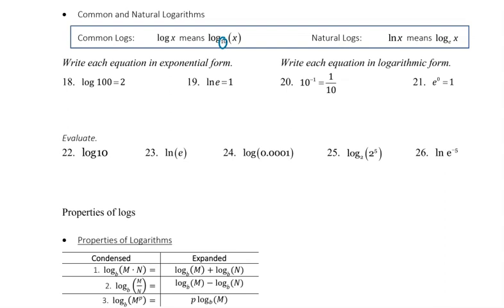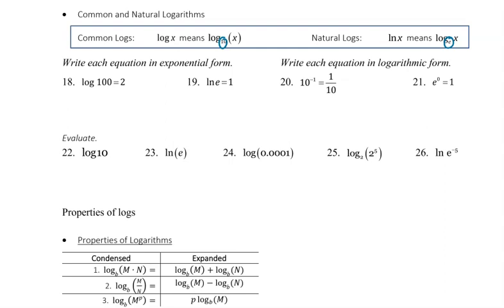For natural logs, it's represented as ln of x, and that means log base e of x. Okay, so if it has no base, then the base is assumed to be 10. If it says ln, that's the same as saying log base e.